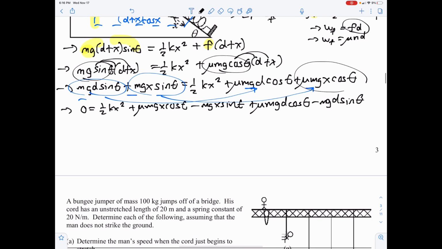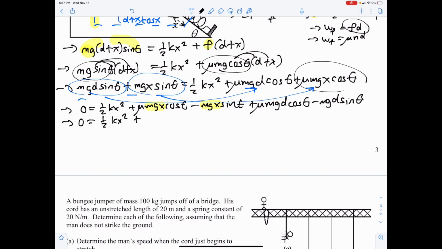Okay, and so now what I'm going to end up doing is factor out a few things just to make this a little easier. So this is going to be 0 equals 1/2 kx squared plus, you'll notice that the common thing to this is essentially mgx. I'm going to factor out an mgx.